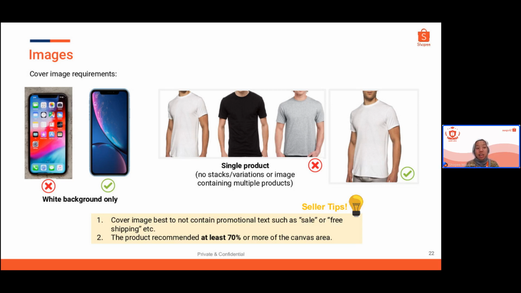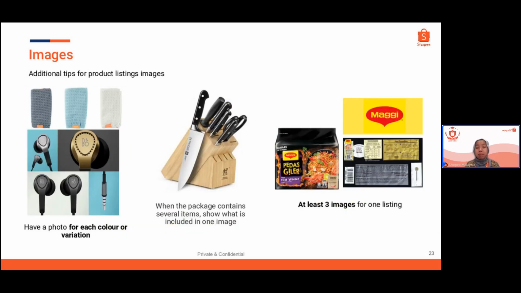So for image, we highly encourage sellers, especially new sellers, to get used to taking photos of a plain background. Why? Because we want the buyer to be able to focus on the particular product, which will then highlight its unique selling point.